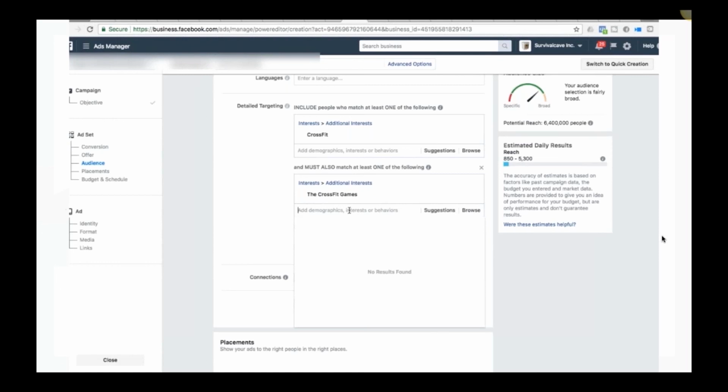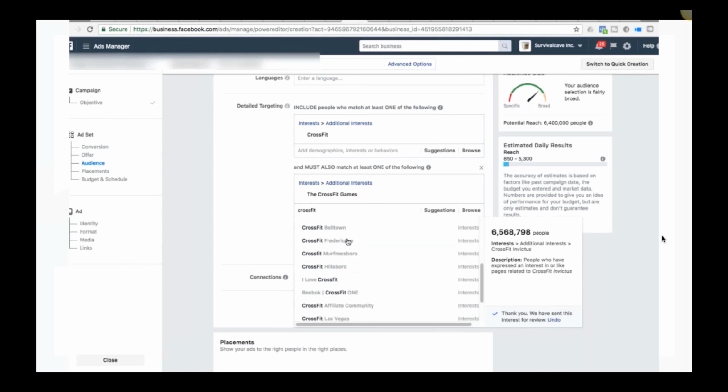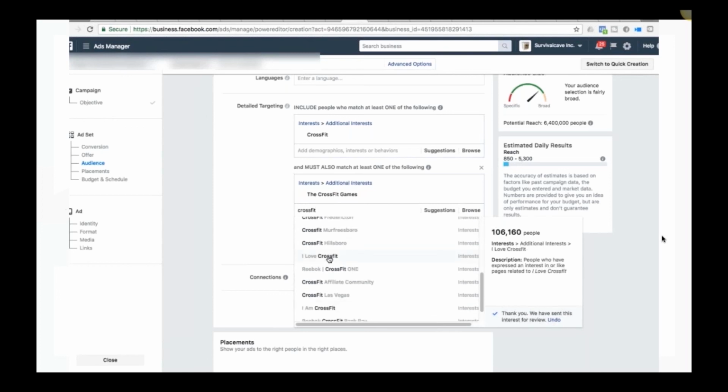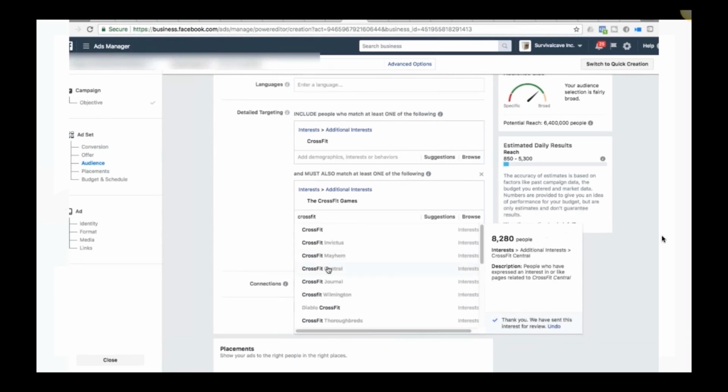So I'm going to put in another CrossFit one. What else can I find here? I'm going to also say people. Let me look down here and see what my choices are. And you notice there's like groups in here, like I love CrossFit, different things. Let's see here. I'm going to say CrossFit Journal.